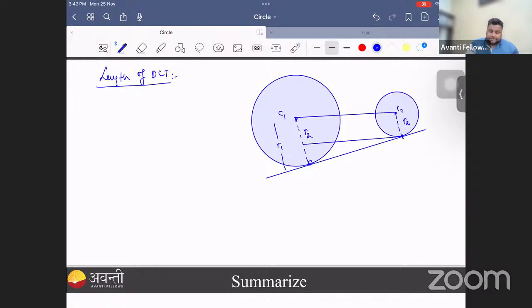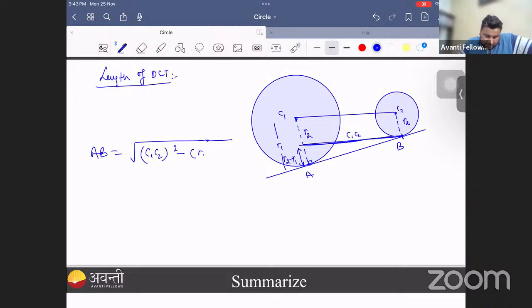Now this angle is 90 degrees. This is also 90. So this becomes a parallelogram. So this length is also equal to C1C2, the distance between C1 and C2. And this length is R2 minus R1. So if this AB is the length of DCT, then AB is under root of C1C2 whole square minus R1 minus R2 whole square.